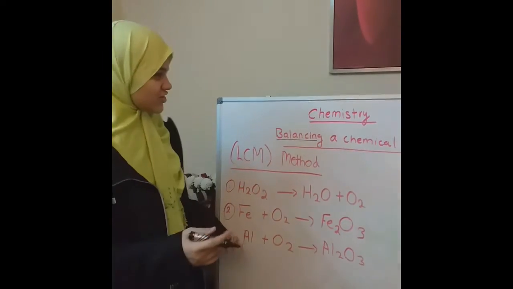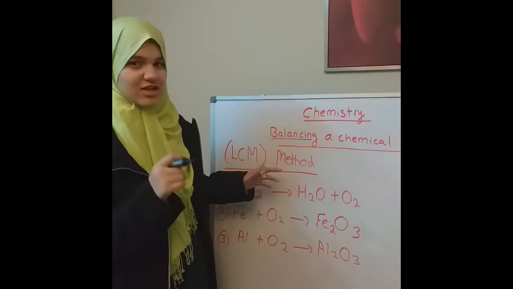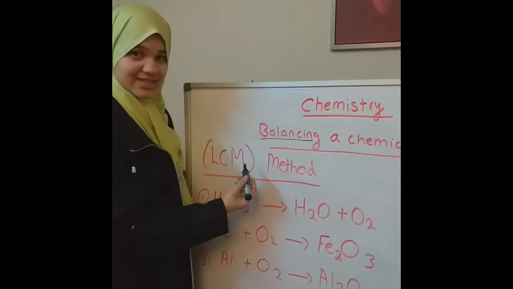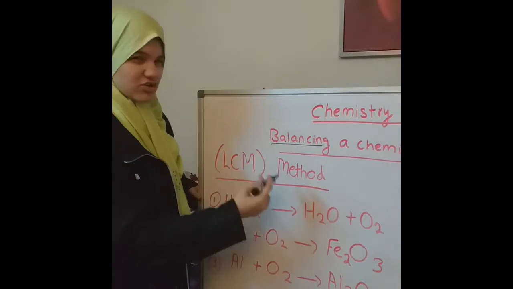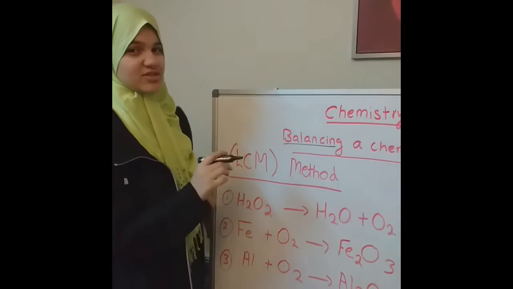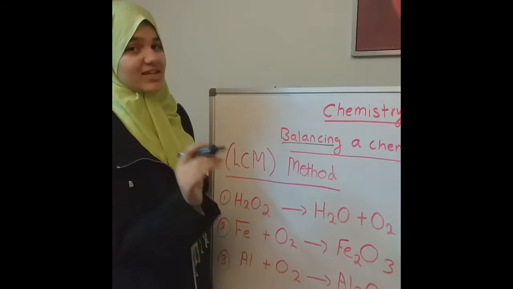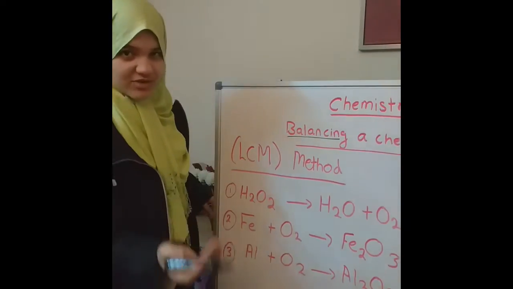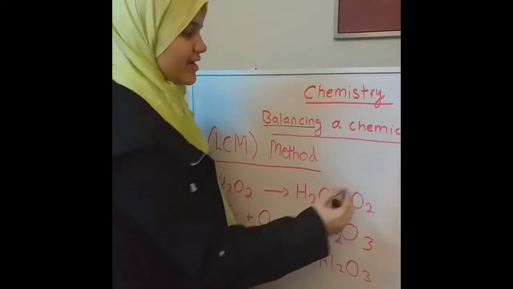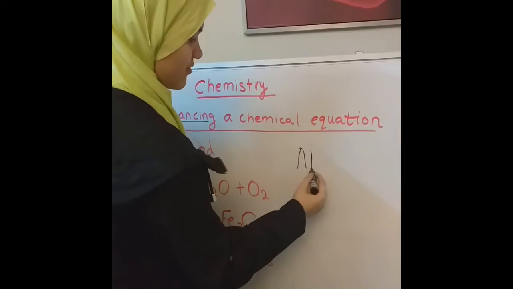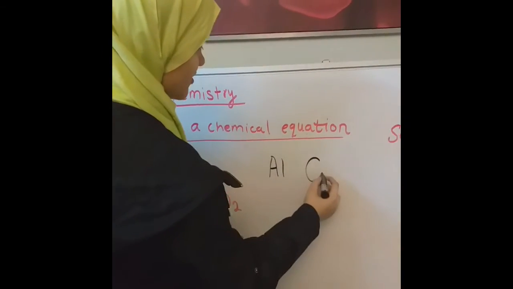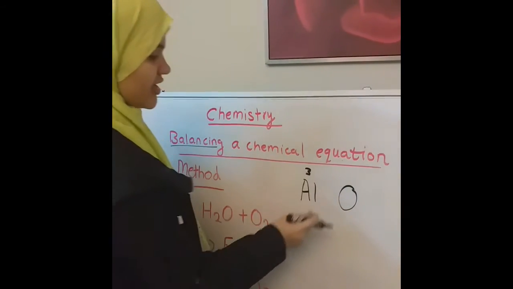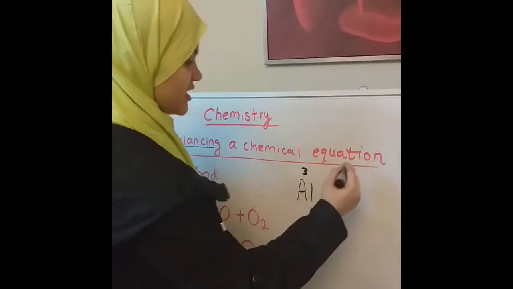So now we have talked about the inspection method, but let us talk about the LCM method. The LCM method also needs the valence number of the elements. You need to know the valence number of each element. For example, the valence number of aluminium is 3, and the valence number of oxygen is 2.